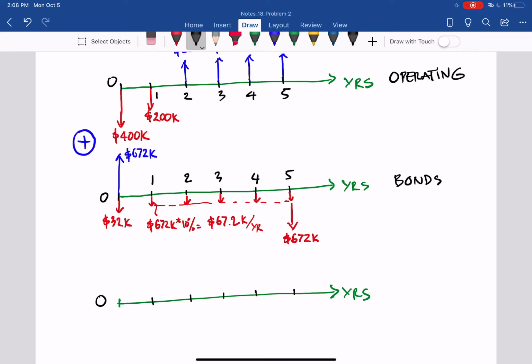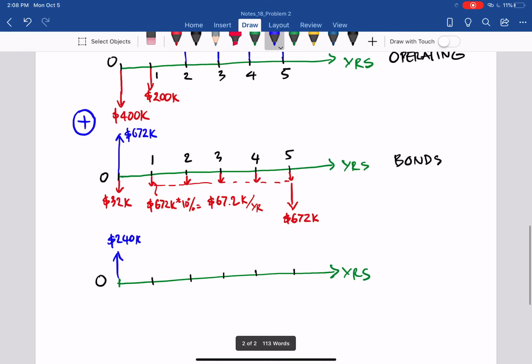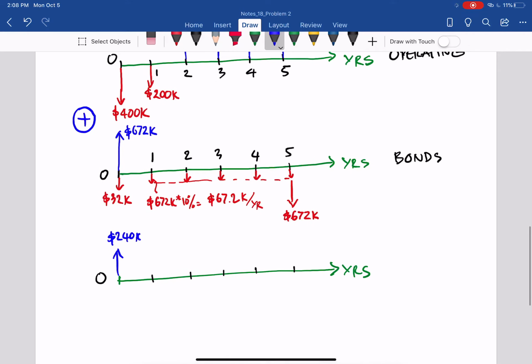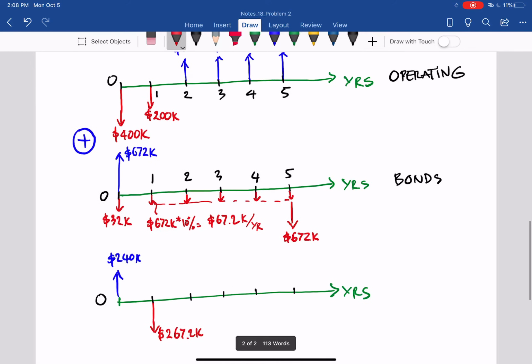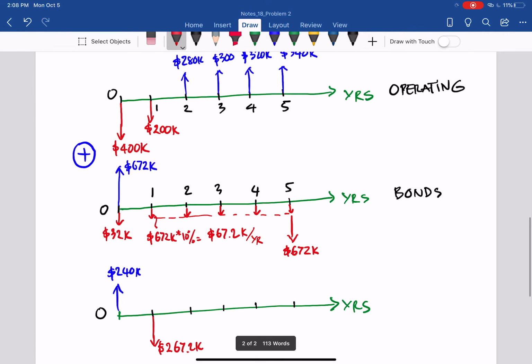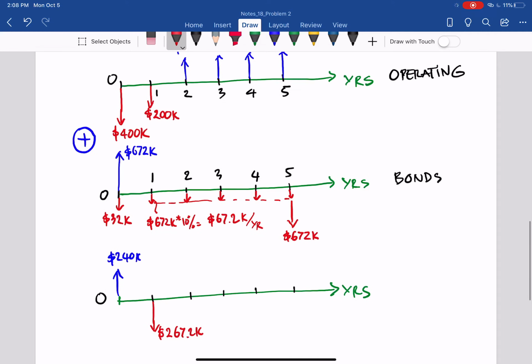So you will get a positive amount at time 0. So add them to 240k. Similarly, negative 200 plus 67.2 negative, so it will be negative 267.2k. Year 2, 280 minus 67.2, it becomes a positive.